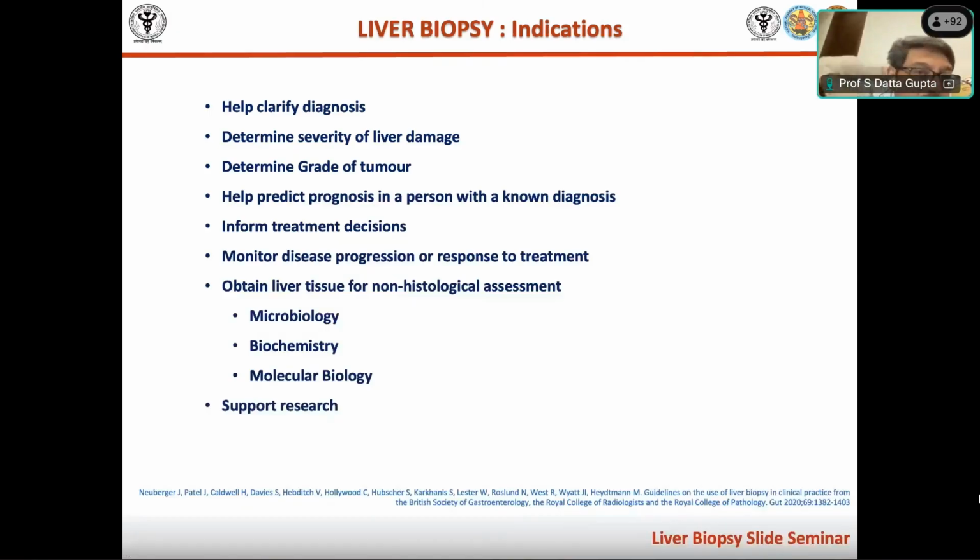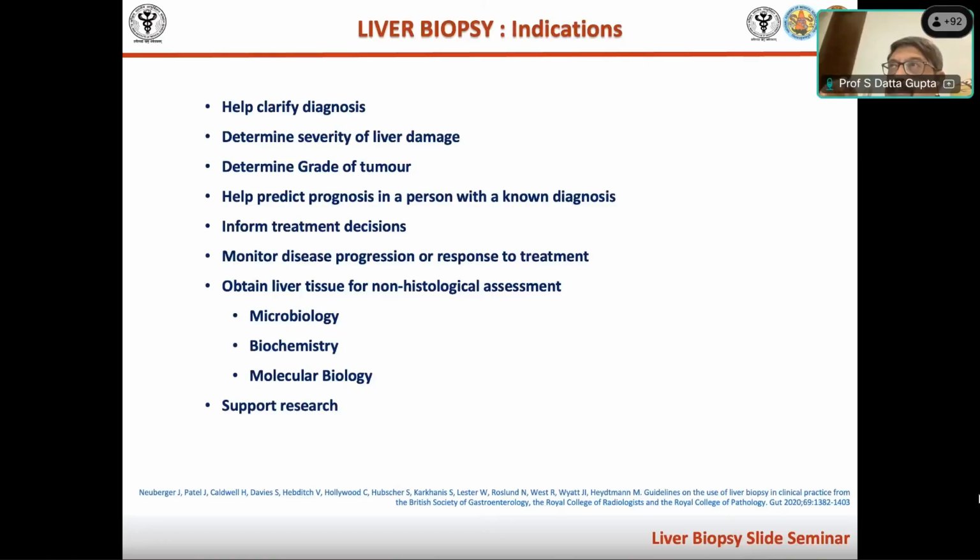Why do you do liver biopsies? Nowadays, it's mainly done to clarify diagnosis and how severe the liver damage is by grading and staging. It's used for identification of tumors, their grade, etc. And in many instances, it's used for prognostication based on the grade and stage of inflammation as well as repair, and also the tumor.